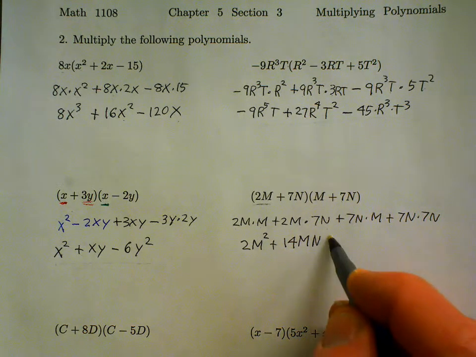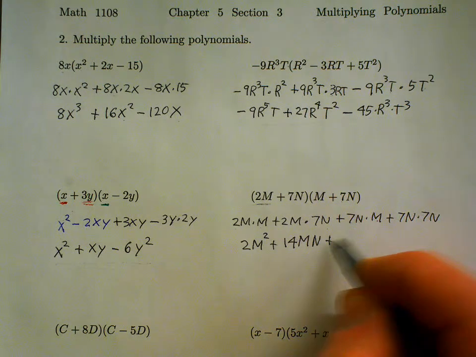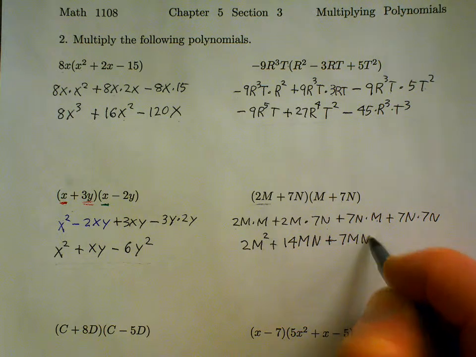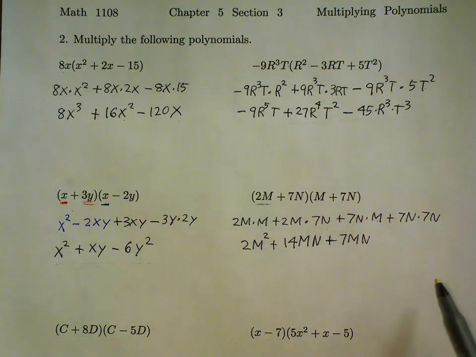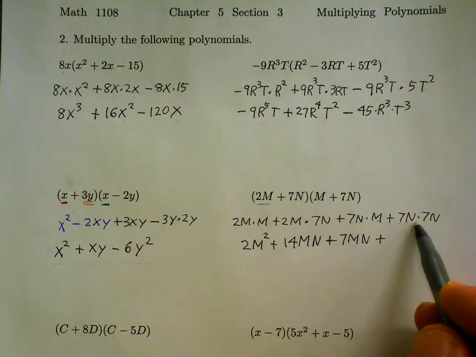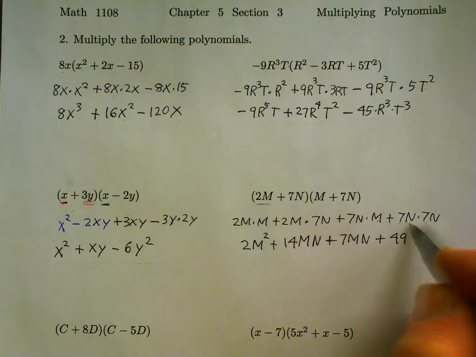And then the next term, 7n times m, I'm going to write it as 7 times m times n. And then finally, 7n times 7n. 7 times 7 is 49. And n times n is n to the second.